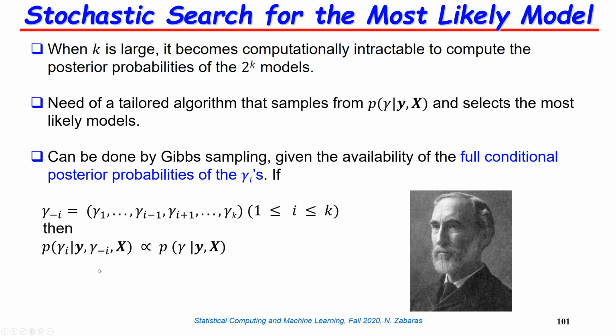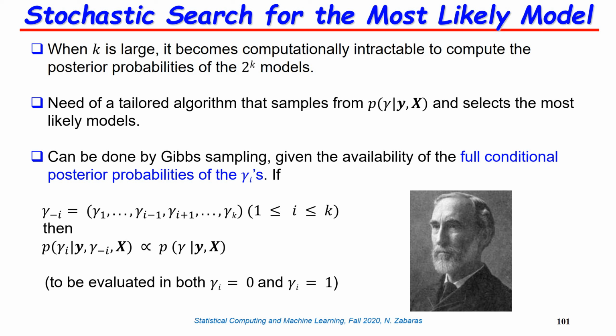And you can appreciate, right, that this conditional distribution of gamma i is basically proportional to the posterior of gamma. And remember that each of these variables gamma i can only take values 0 and 1.